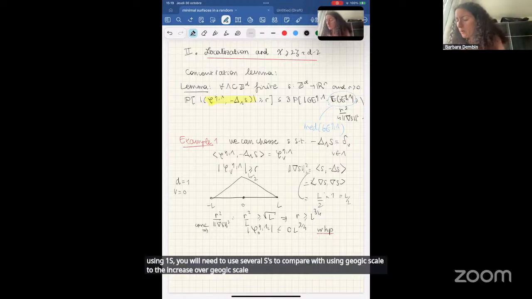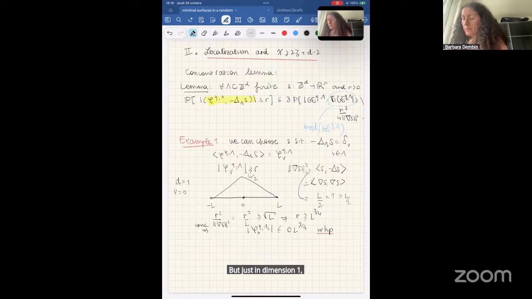So it's a bit more involved in higher dimension, but just in dimension 1, it gives you a hint why this concentration lemma is useful.